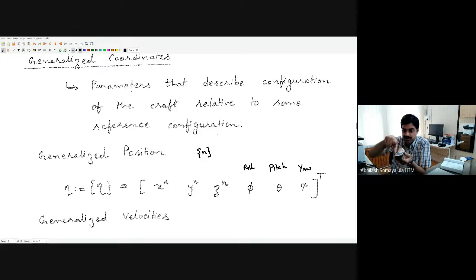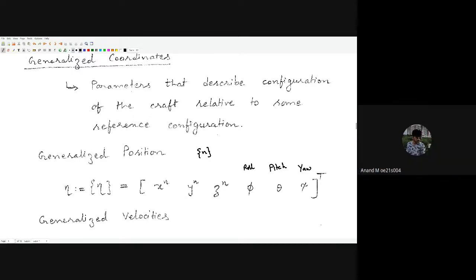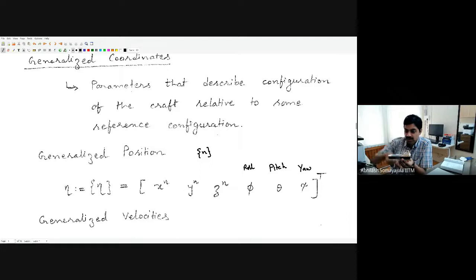Now, the moment I apply a rotation about the z direction by 90 degrees, the ship turns like this. Everybody with me so far? Yes, sir. Now the x was directed that way, y is directed towards me, and the z is directed bottom down.